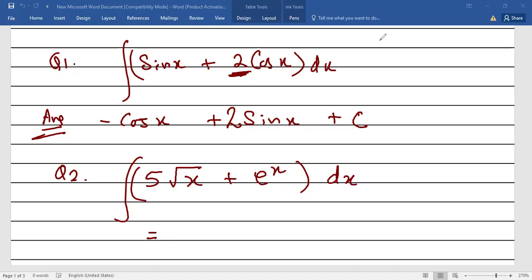Tell me your answer. I got 5 to the power of 3 over 2. No, don't say 5 to the power. It is 5x to the power 3 over 2, over 3 over 2, plus e^x plus c. This will be the answer.